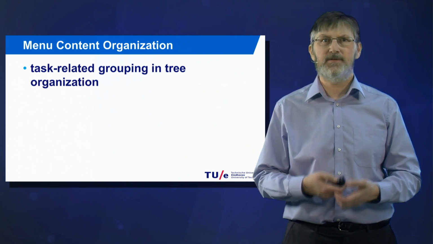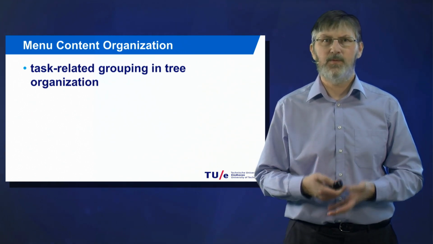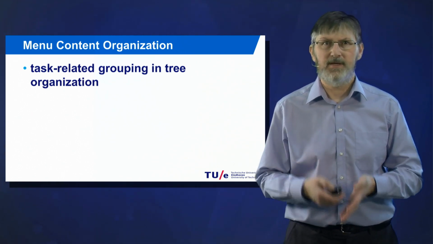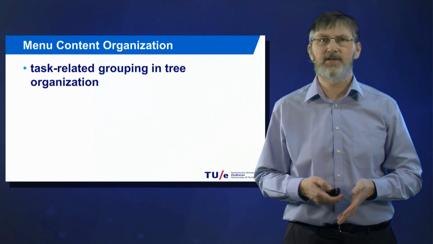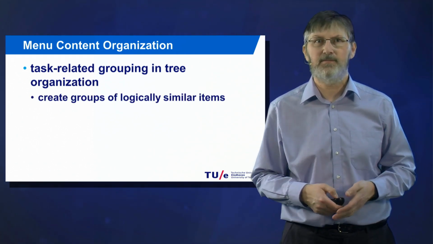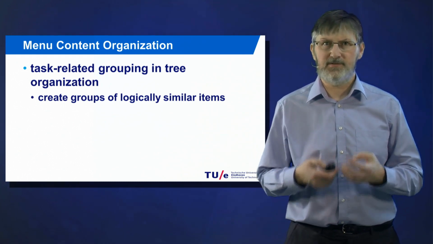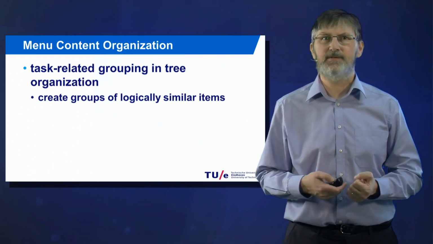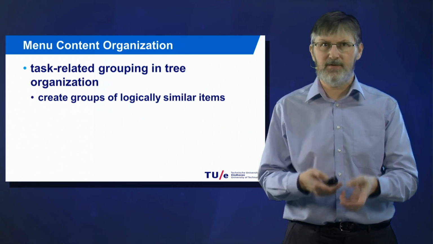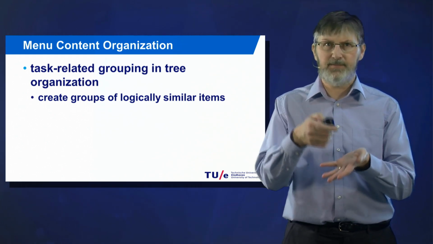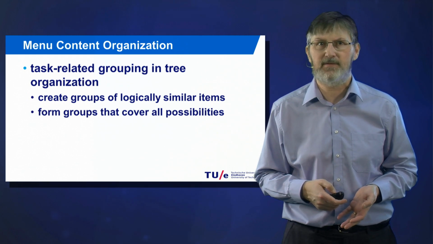So items belonging together, we can group them into a tree organization leading to a tree-structured menu. We create groups of logically similar items that we put together on the same menu, perhaps visually separated from the rest.